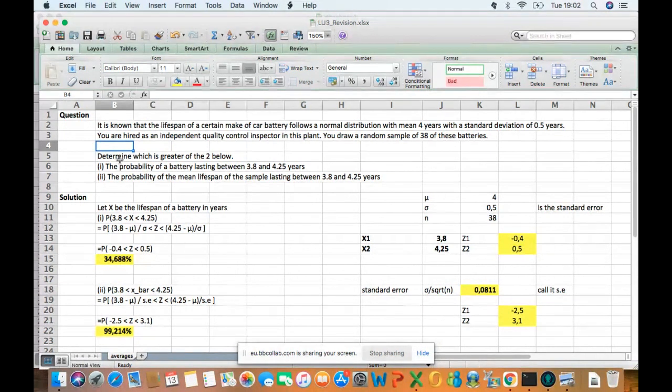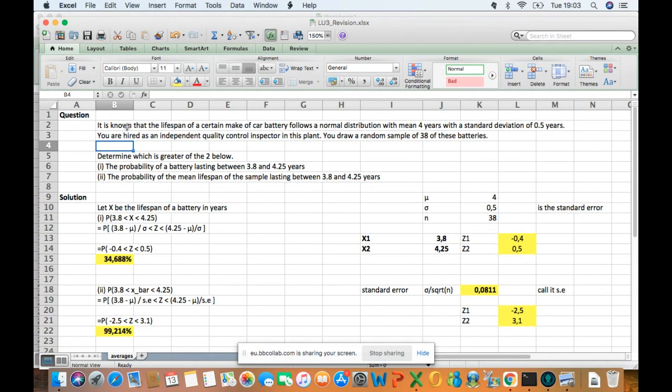Okay, so the first question says, actually it's one question, but you got to work out both of them in order to determine the answer. So the question is, determine which is greater of the two below. Is it 1, the probability of a battery lasting between 3.8 and 4.25 years, or is it 2, the probability of the mean lifespan of a sample lasting between 3.8 and 4.25?